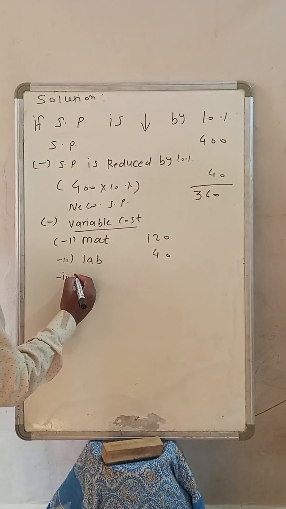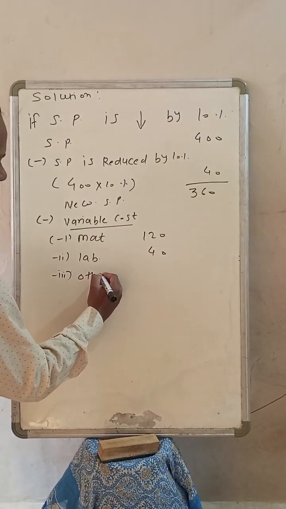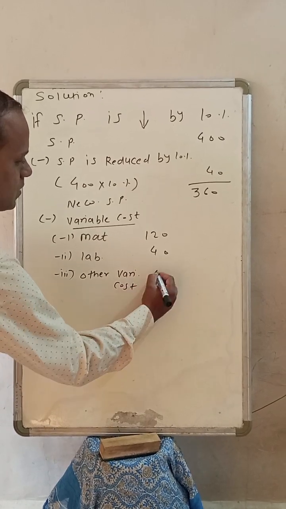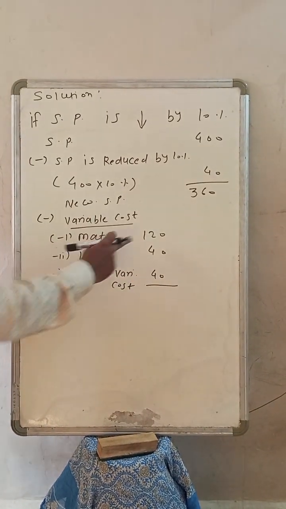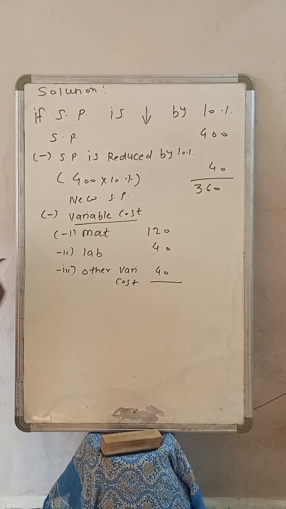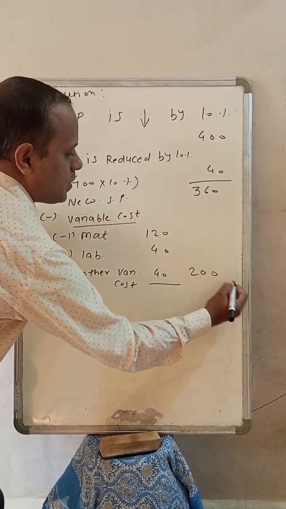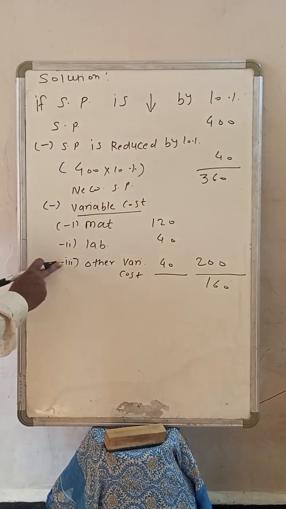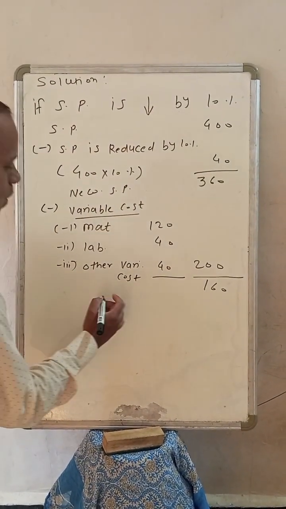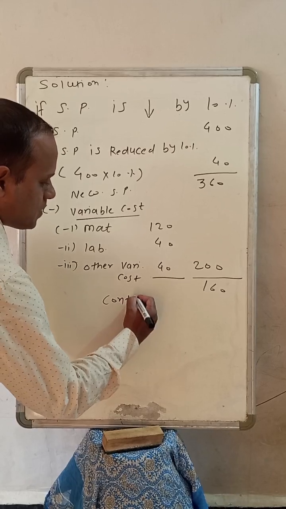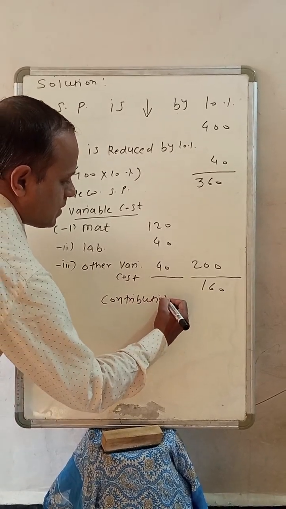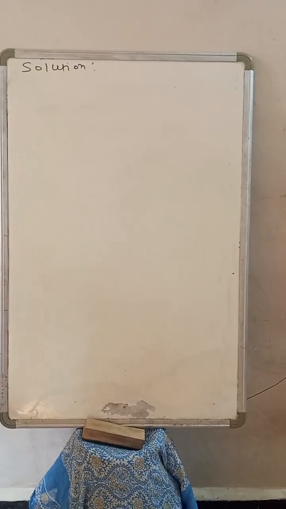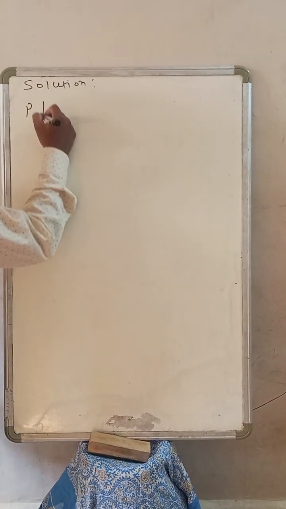And third one is other variable cost, which was 40. 120, 40, 40. So total of this is 200. So the total is 160. Sales minus variable cost is equal to contribution. So new contribution is 160.